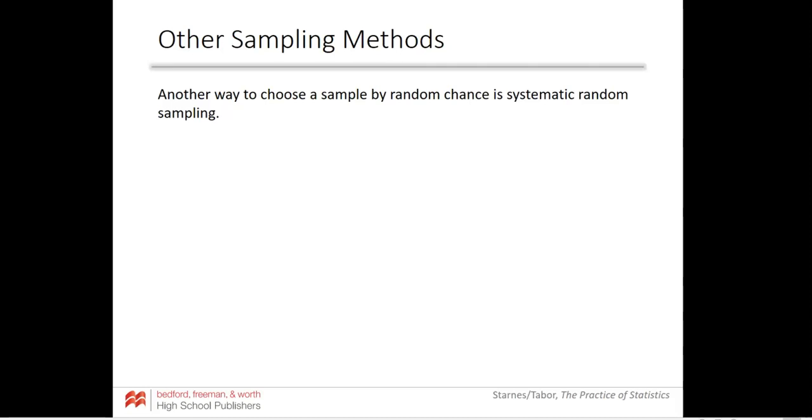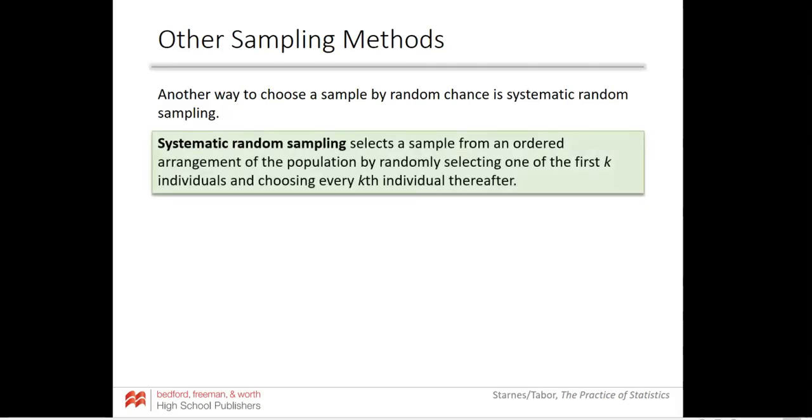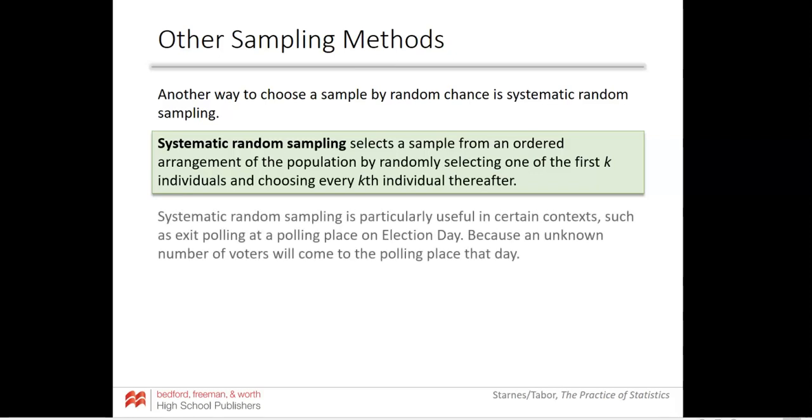We could use systematic. So systematic is actually another kind of easier way. It still has some random chance to it. You select a sample by selecting the first K individuals and every Kth individual after that. So for example, if we had an assembly in the gym for 9th through 12th grade high school students, every 10th person gets asked a survey question.